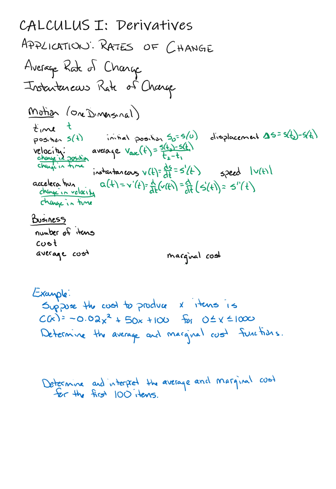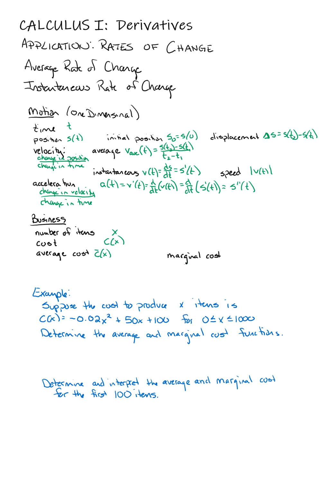In the business world, we have a similar application. We can look at the rate of change of the cost. So suppose we have the number of items, we'll call that x. And suppose we have a cost function, c of x. Again, this is the cost in terms of the number of items. Now we have an average cost, which is denoted c bar of x.